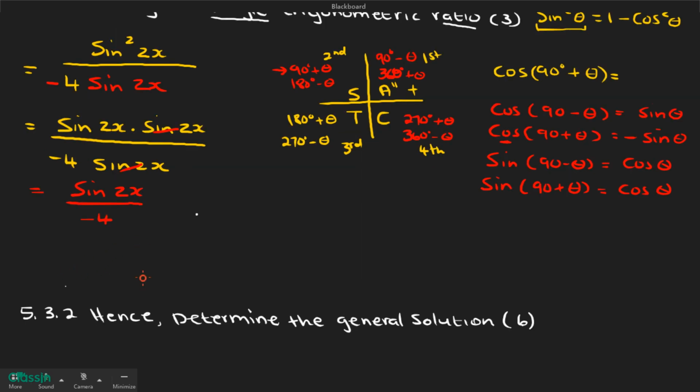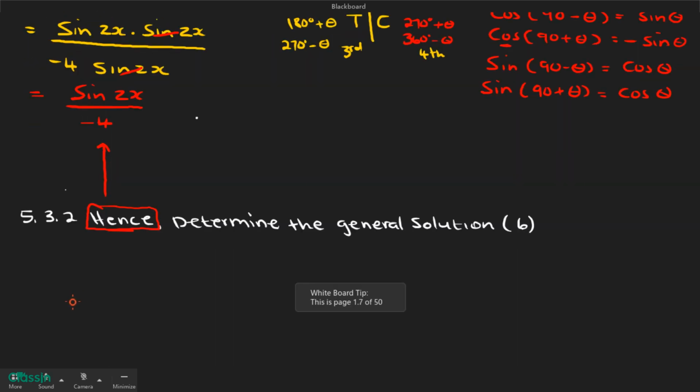Now, when they say hence determine the general solution, it means that they want you to use this. That is why they use the term hence. Sometimes they will say hence otherwise, but in this case, they just said hence. So you must take this and also utilize it on 5.3.2.